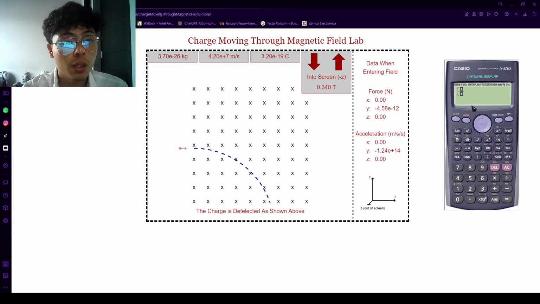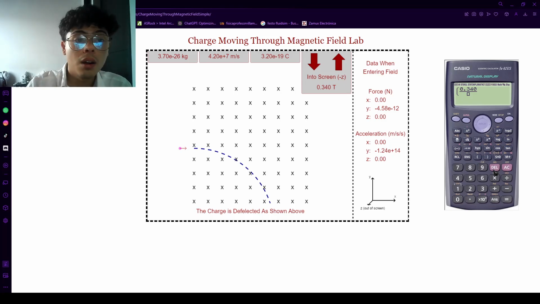The value of the magnetic field in this case is 0.340, multiplied by the charge.